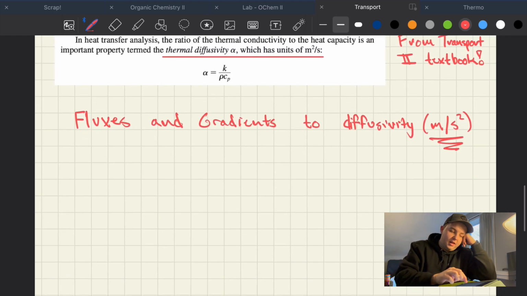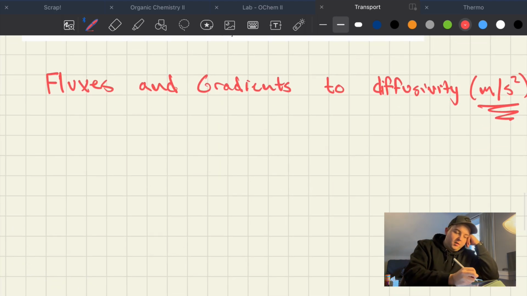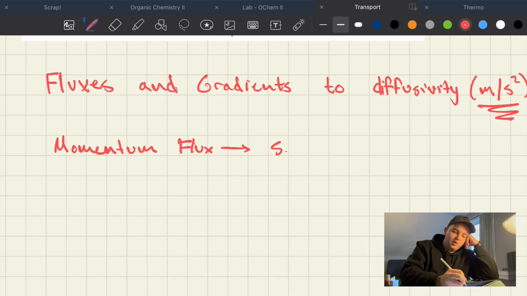Just adding on to that next point, we're looking at momentum flux, which just is shear stress that we learned in Transport 1.